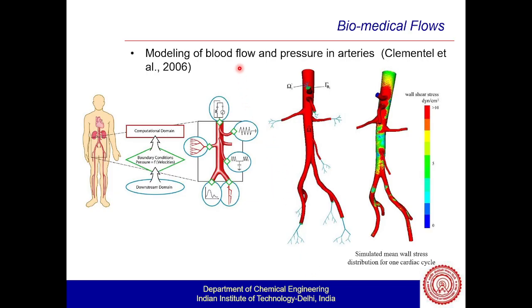As you can see from here, this is the modeling of blood flow and pressure in arteries. This one is the domain. This becomes a fluid structure interaction problem, because these arteries are elastic and flexible in nature. As the fluid flows, it makes the artery larger if the velocity is high, and then because of its elasticity, the artery tries to contract, which influences the flow.